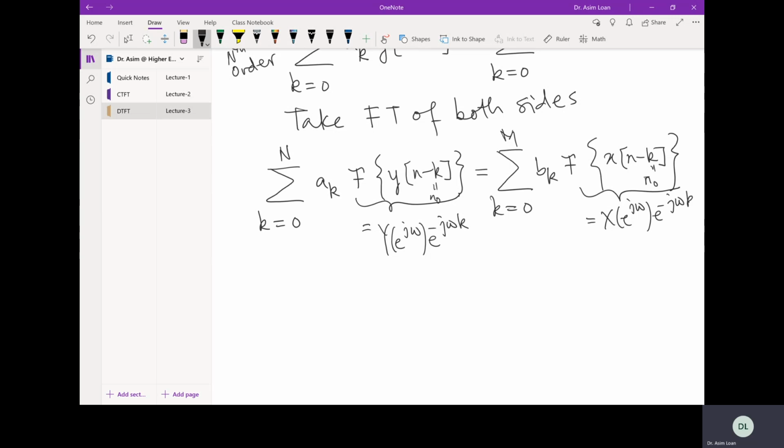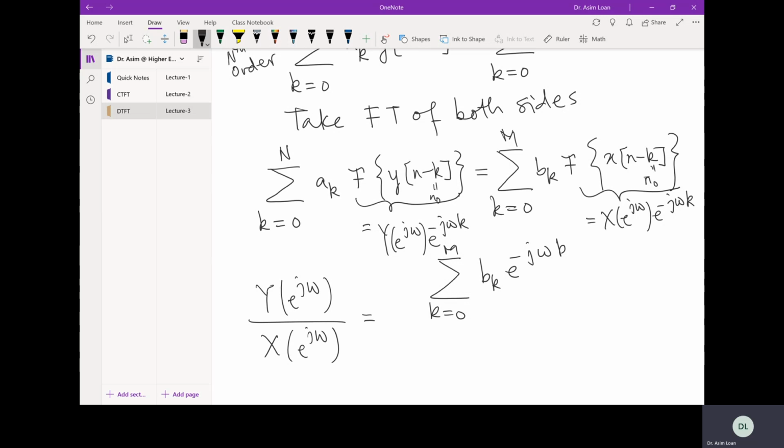So Y(e^{j omega}) divided by X(e^{j omega}) is simply the sum over k equals 0 to M of b_k e^{-j omega k} divided by the sum over k equals 0 to N of a_k e^{-j omega k}.